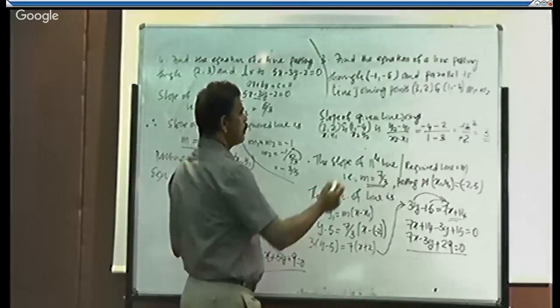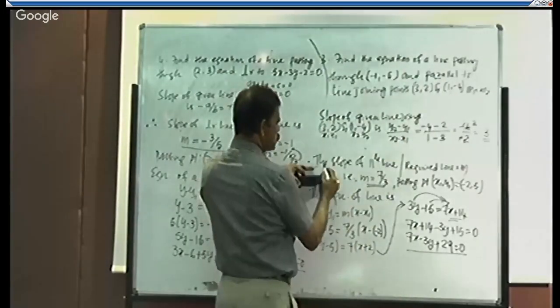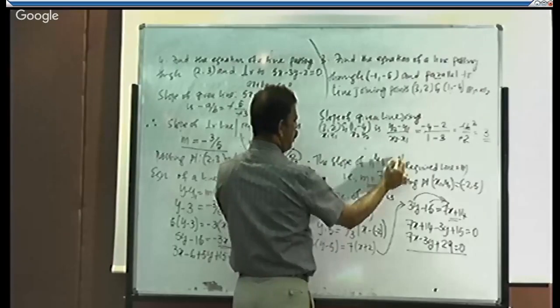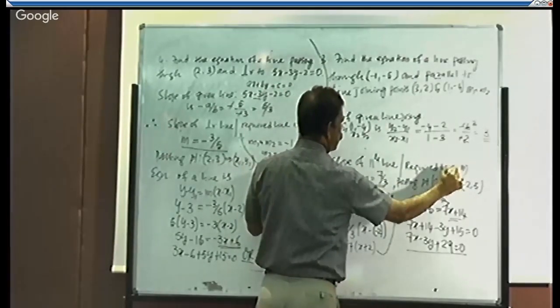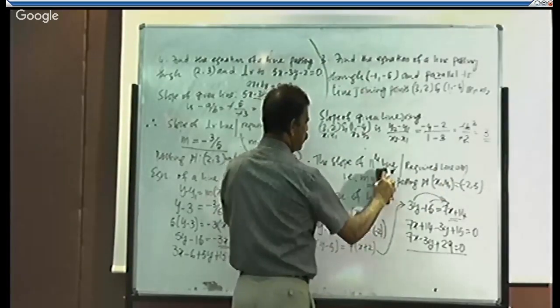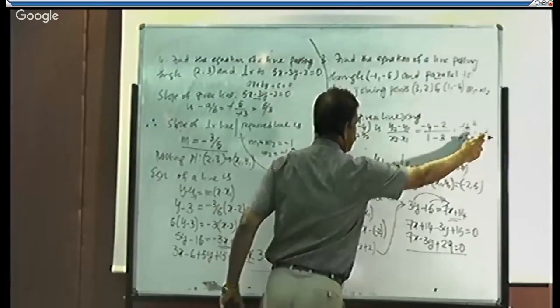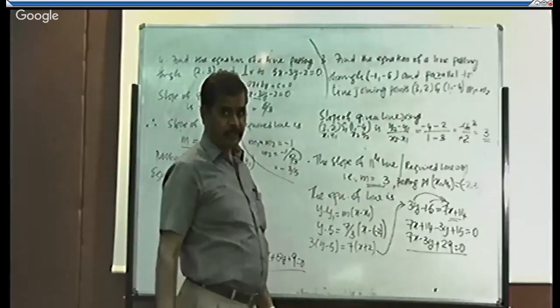What is the condition? The condition is parallel. Okay. Then the slope of the parallel or required line is m. Therefore, m is equal to 3 only, because parallel lines have the same slope.